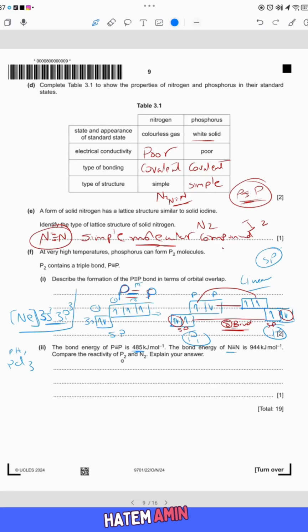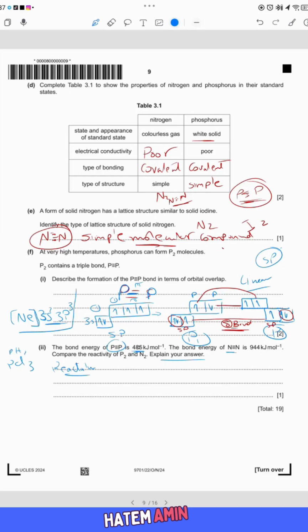Compare the reactivity of P2 and N2. Explain your answer. Reactivity here means the ability of each one of these two to react. So the amount of energy which we need to break the bond, if it's more, means this compound is less reactive. If it's less, this compound is more reactive.